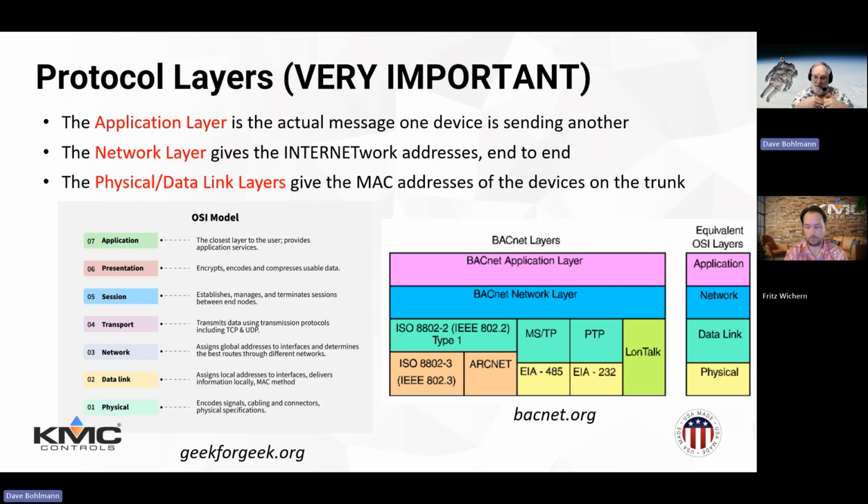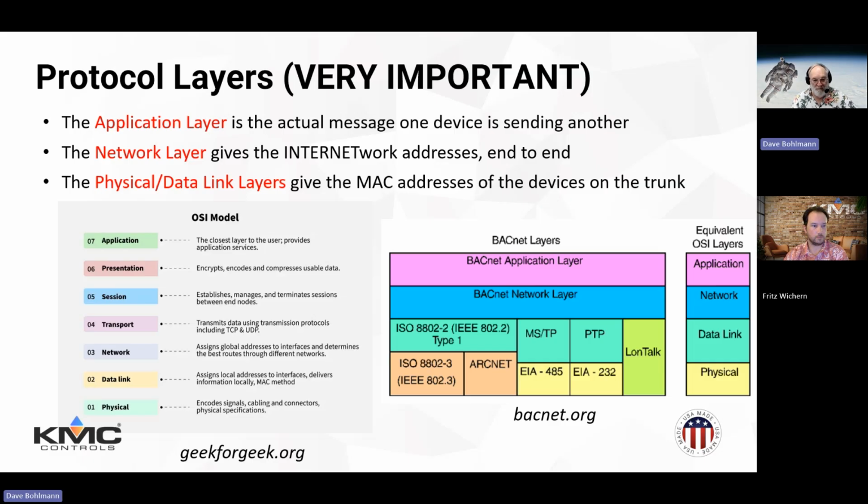Your message is like the letter you're trying to send back and forth, and the layers wrap their own addresses and whatever around that message to make sure it gets from here to there. Normally, these two are the same. The network, then the transport, which really is TCP, and then finally the application layer. That's what's actually your message.